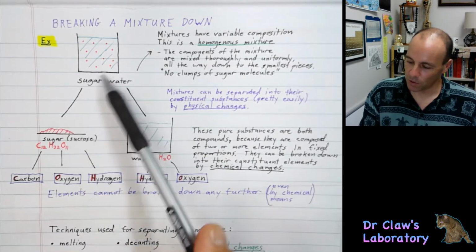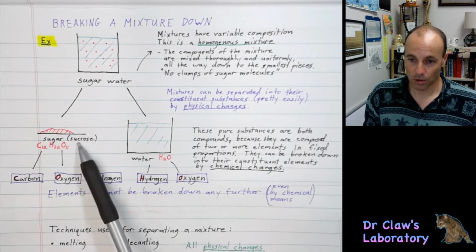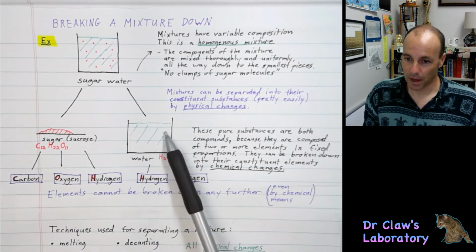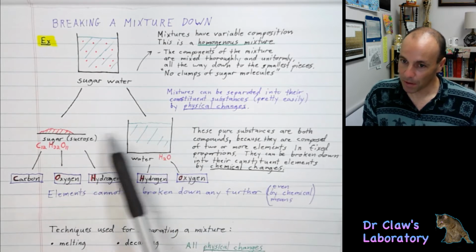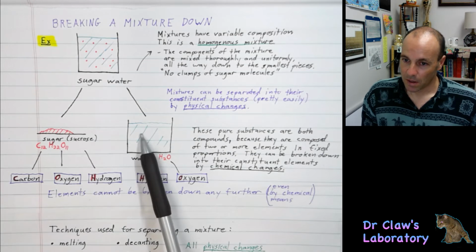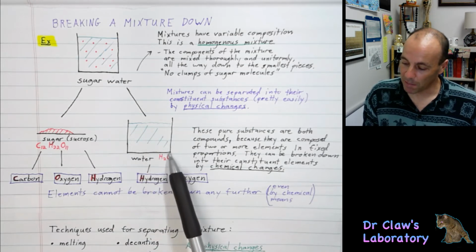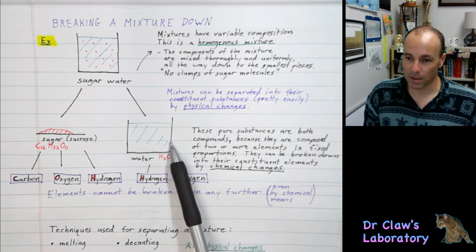So suppose you do separate it, and you have your sucrose sugar over here, and then your pure water over there. Now, these pure substances are compounds. Water is a compound because it's composed of two or more elements in fixed proportions.